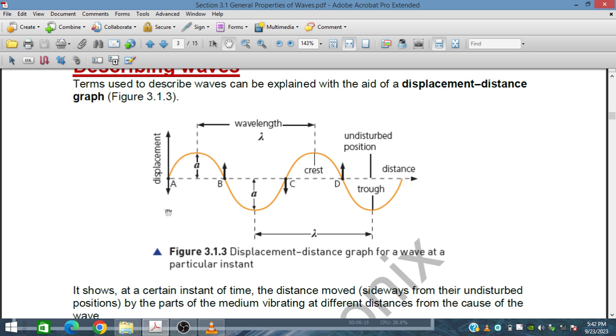Here the vibrating particles are in the same phase. Here it is decreasing, and the waves are traveling like this. From here it was going like this, and similarly here again. So these are in the same phase. Here again it is moving like this, here again moving like this. So they are in phase.